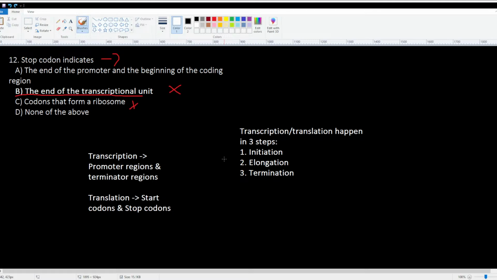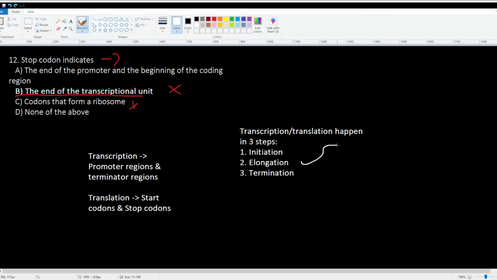So what I want to emphasize with this is that during transcription, we have promoter regions, right? So promoter regions would be for initiation, and then terminator regions would be for, of course, termination. That makes sense. And then during translation, we have the start codons, which would be the initiation step, and then stop codons, which would be the termination step.